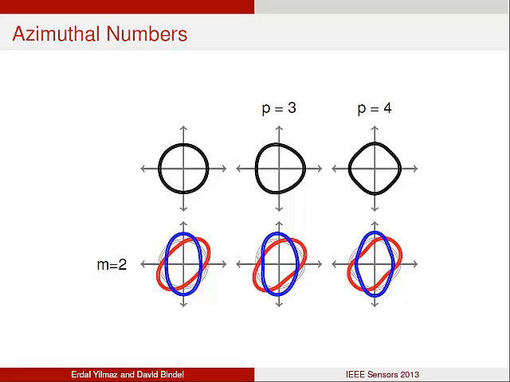We refer to vibration modes with the letter m. And the perturbations that we have for the ring resonators had radial deformations of the thickness in cosine 3 theta or cosine 4 theta type of functions. And we say that these perturbations have p equals 3 and p equals 4 azimuthal numbers. A more general perturbation can be decomposed into a Fourier series, and each perturbation can be considered separately.